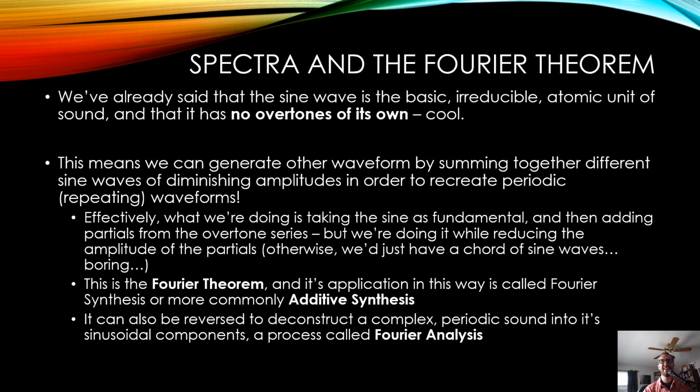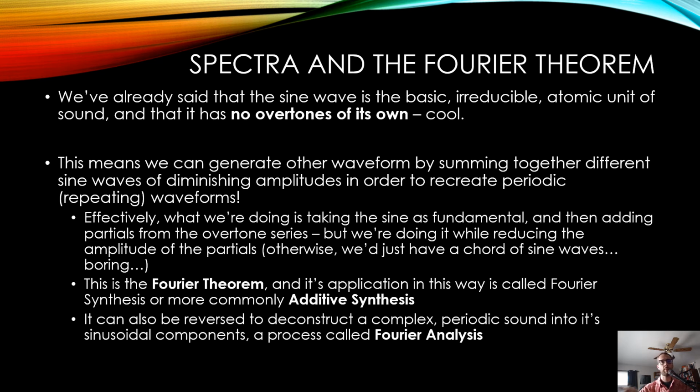What does that mean? Well, I've already alluded to this in the last video, but it means that we can generate any other waveform by summing together different sine waves of diminishing amplitudes in order to recreate a periodic signal. So what we're doing is we're taking the sine as a fundamental, and then we're adding sine partials from the overtone series, but we're doing it while reducing the amplitude of the partials.